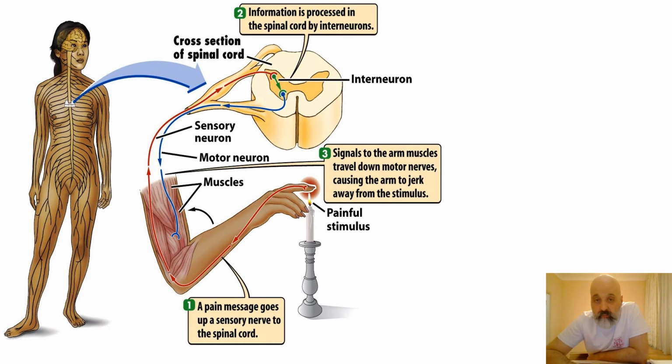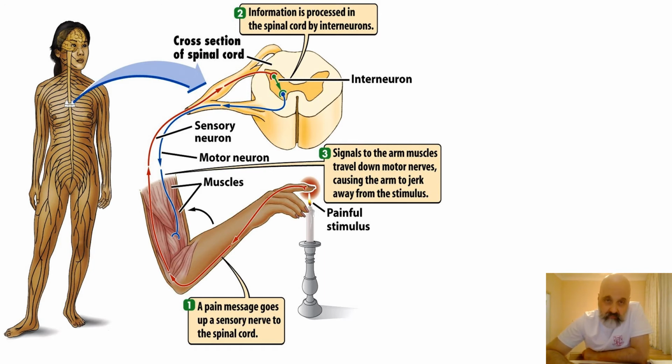Perhaps a simpler diagram just here. A person's put their finger on a candle. Don't know why anybody wants to do that, but they have. So this red neuron just here, of course, is, you got it, the sensory neuron. The green one just here is an interneuron or a relay neuron.